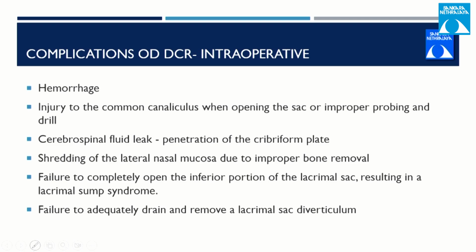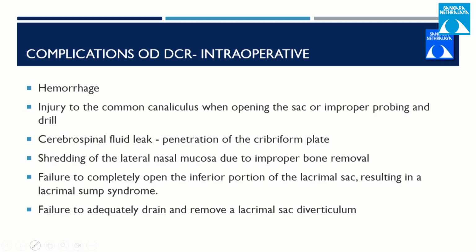Sorry, can you just repeat what is lacrimal sump syndrome? When the inferior part of the ostium is not properly made, then there is a collection in the inferior part of the sac, so that will again lead to regurgitation.